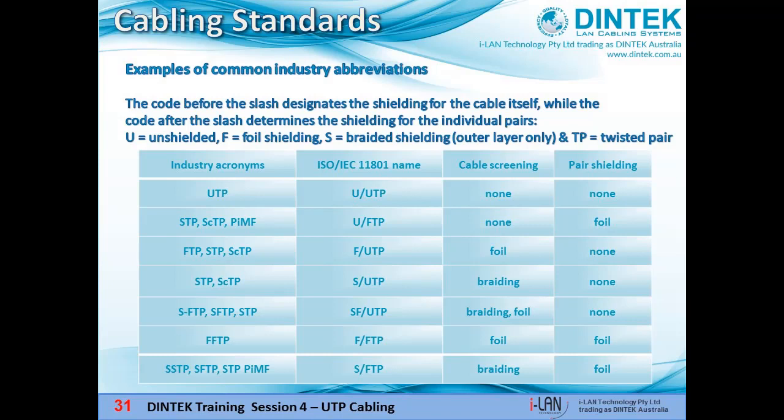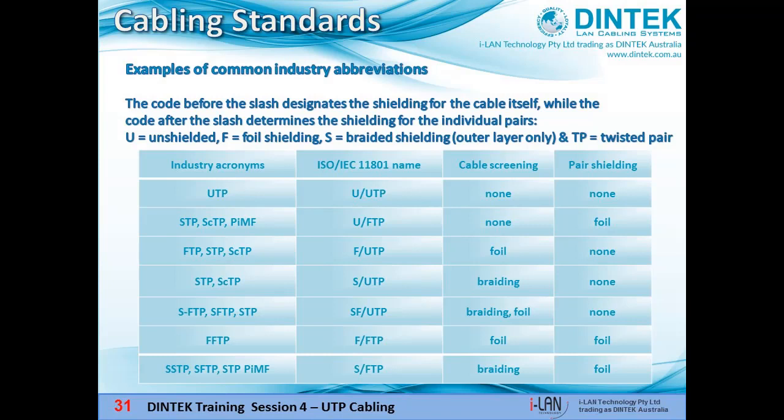U/FTP on the second line means the sheath is unshielded while the individual pairs inside are foil wrapped. F/UTP on the third line is the other way around. The individual pairs are unshielded, but there's foil around the outside of the cable. There's also cables with braiding and foils which offer even greater shielding, such as S/UTP, SF/UTP, F/FTP and S/FTP.